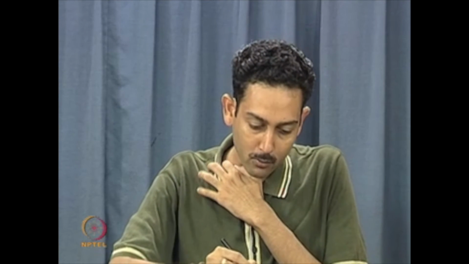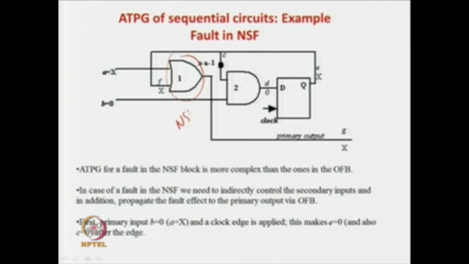Now, if we consider a fault in this next state function block, this was NSF, and this was the output function block, so we consider a fault here. Somehow we are required to control this net to 0. We have done this indirectly, but the output was directly observable, so we could do this in two patterns. But now, we will take another fault in this block, which is actually your next state function block.